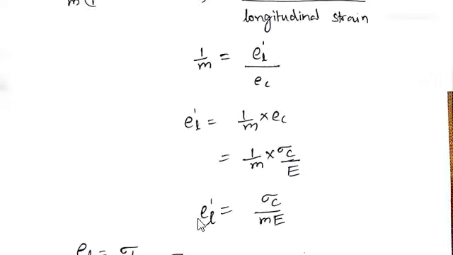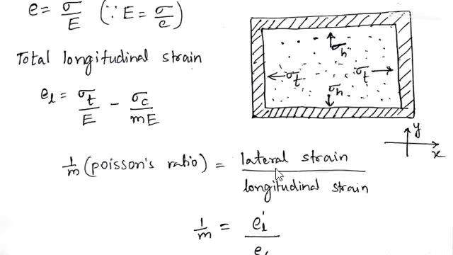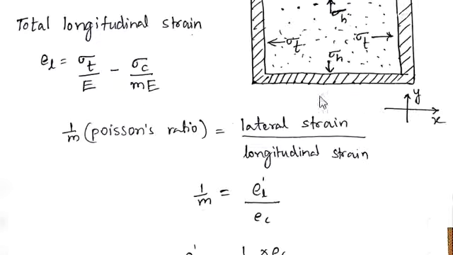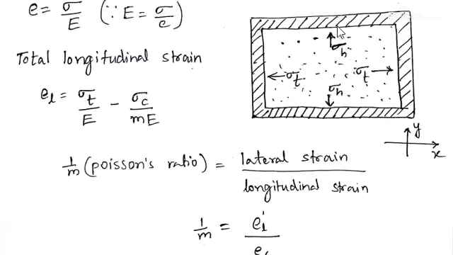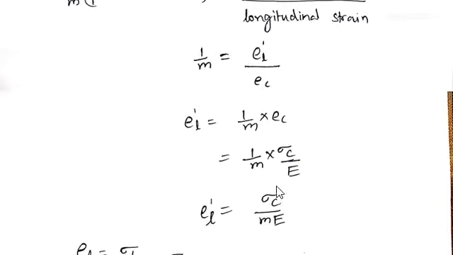So this EL dash is nothing but, as I told, the strain in the length direction because of the circumferential stress. I told that this circumferential stress will decrease the length of the shell, or it will produce negative strain.